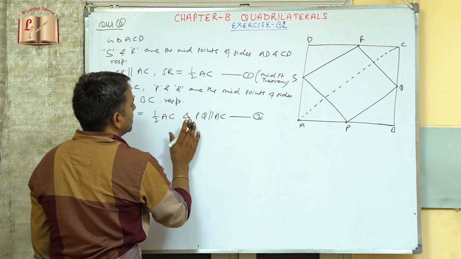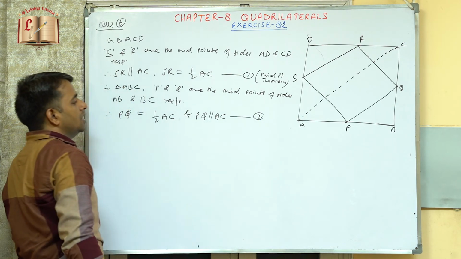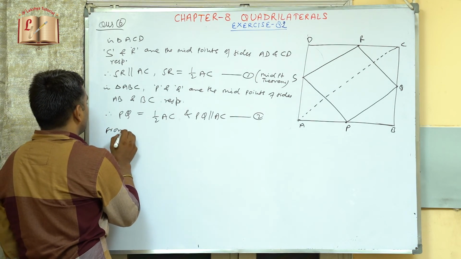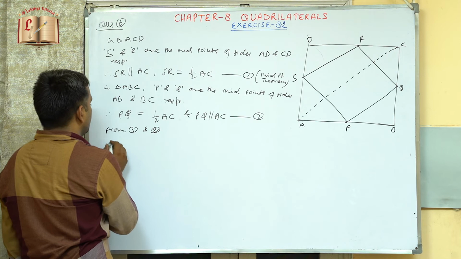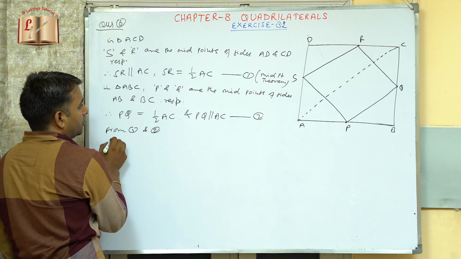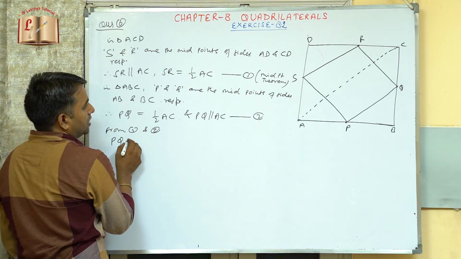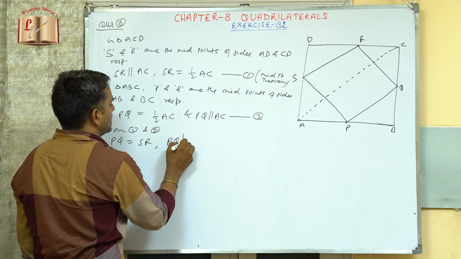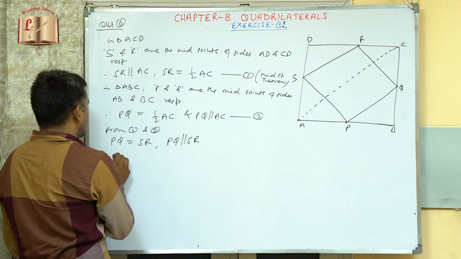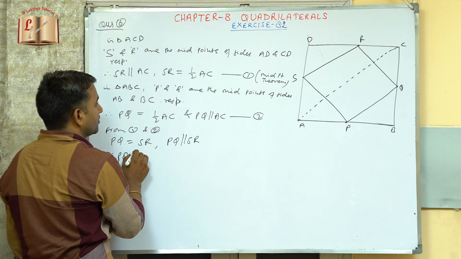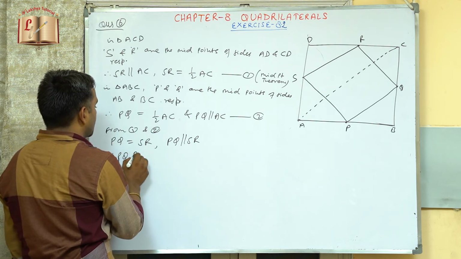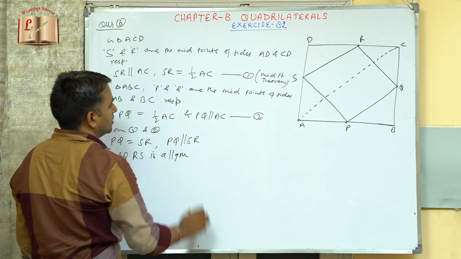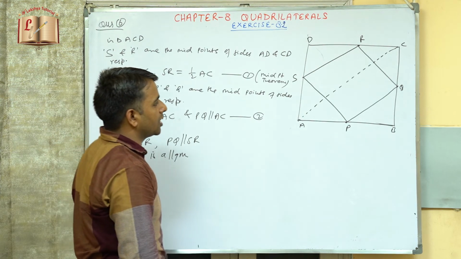Take it as equation number 2. This is again from the midpoint theorem. So from 1 and 2, we got PQ is equal to SR and PQ is parallel to SR. Therefore, PQRS is a parallelogram.